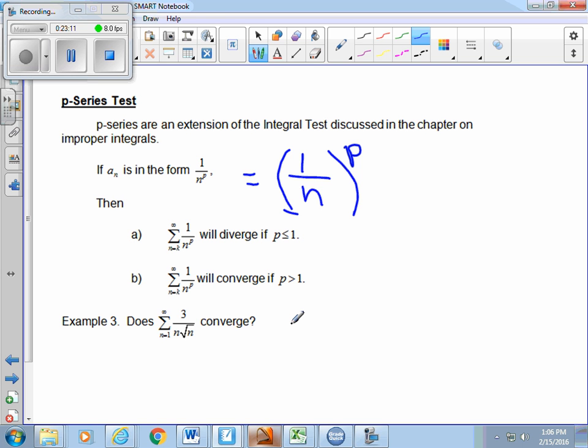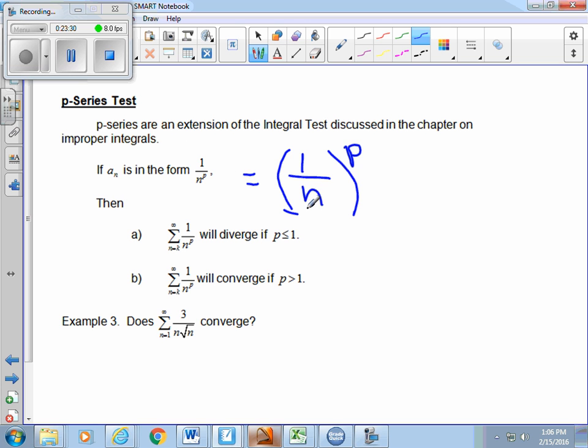We had the same thing come up with improper integrals. Remember when we did integrals as n approaches infinity? Wouldn't an infinite series and an infinite integral have a lot of similarities to them? Because they're both sums.